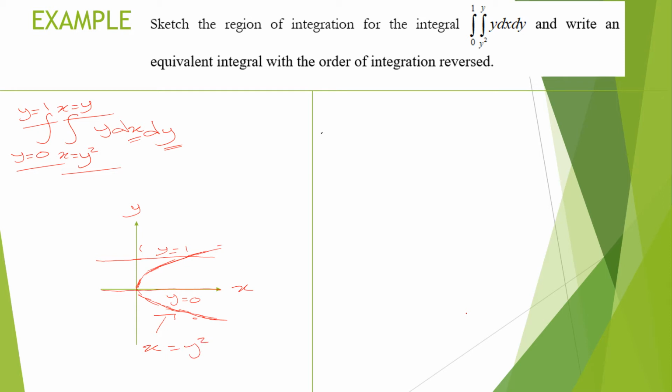And then x equals y is the straight line. When x equals 1, y equals 1, so it should be here, and also here. Then draw a straight line from here.